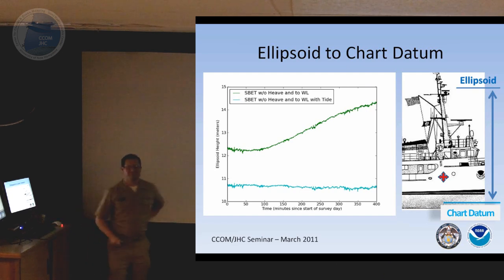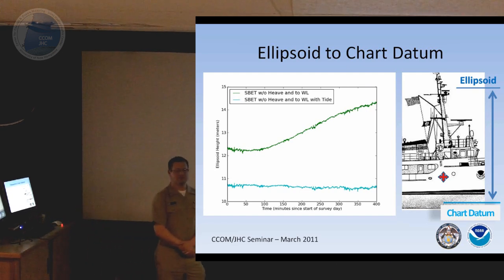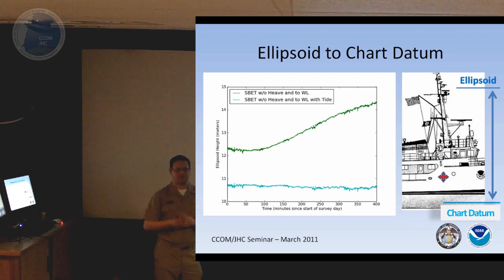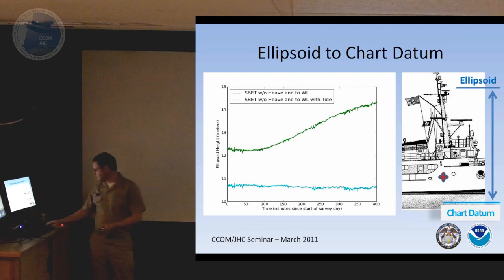Glenn, now I'm confused. I didn't think you were treating that separation between the ellipsoid and the chart datum as a constant over space. You're not, right? Correct. That can vary from place to place. Well, but it's essentially only varying between zones because we're correcting by zone. You're assuming that the tide correction by zone is the same. So when you change zones, it's not the same, right?